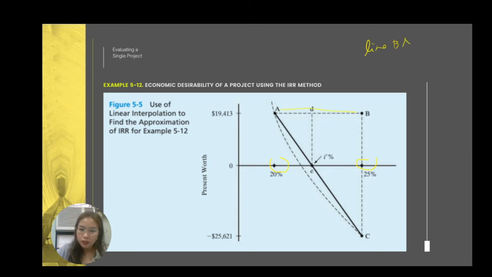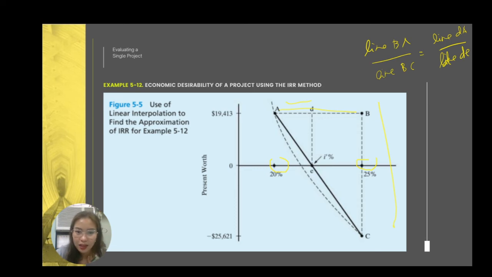Line BA over line BC, and line BA and line DA, are equivalent.